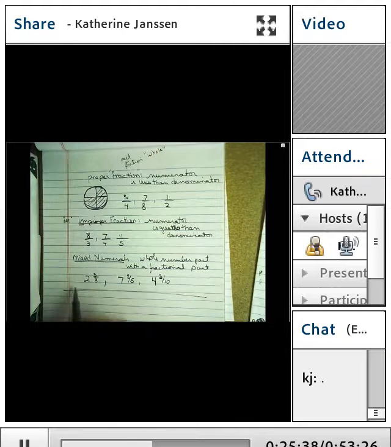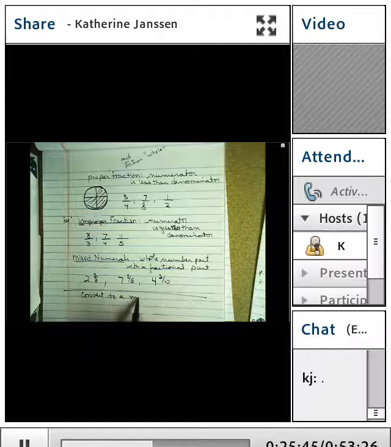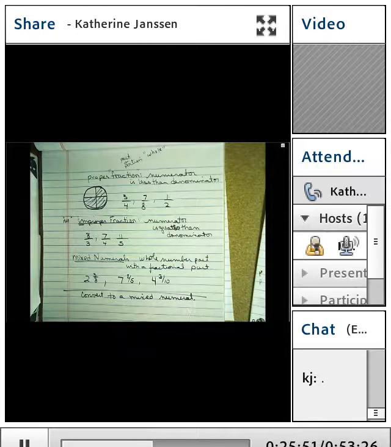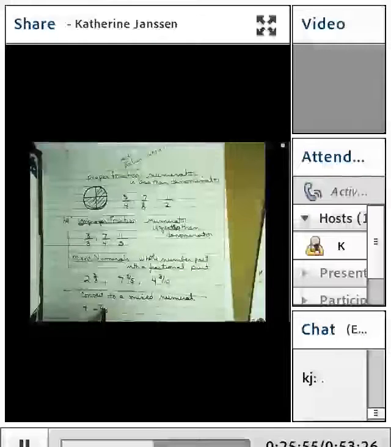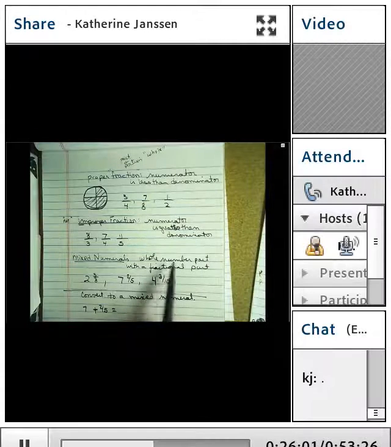So now we want to be able to convert between these number formats. So to convert to a mixed numeral, if I have 7 plus 2/5, I can represent that as a mixed numeral. That is a whole number with a fractional part. Right now we have a whole number added to a fractional part.